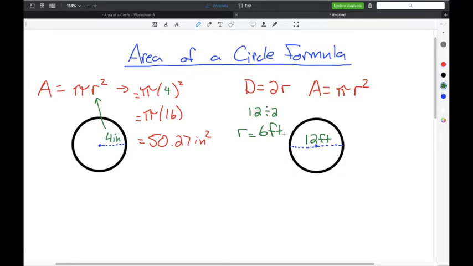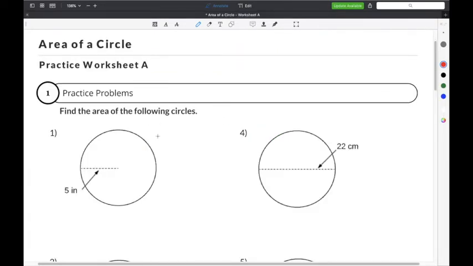So we substitute 6 in for r, and you do pi times 6 squared. Then you do 6 squared first according to the order of operations, which is 36. And then you do pi times 36, which is 113.1 feet squared.